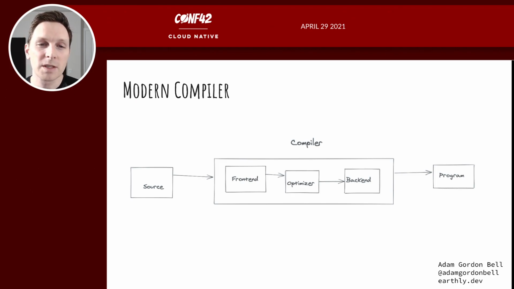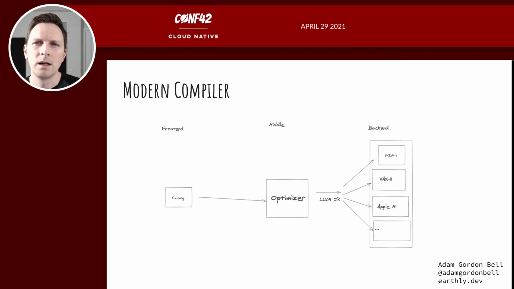Now, the beauty of this approach is you don't need to build a new compiler for every machine architecture. You can just build a new backend. So this will all relate to Docker images, trust me. But the trick here is to get all the backends speaking the same language. For that, you need an intermediate representation.